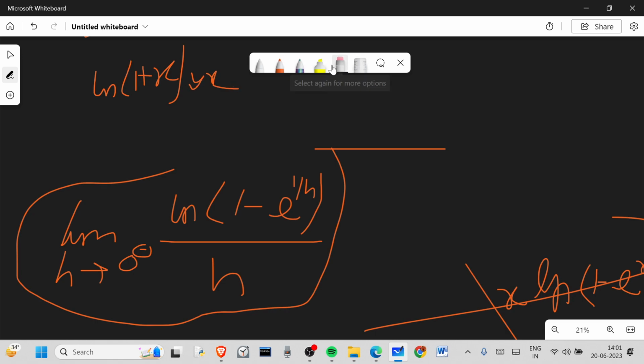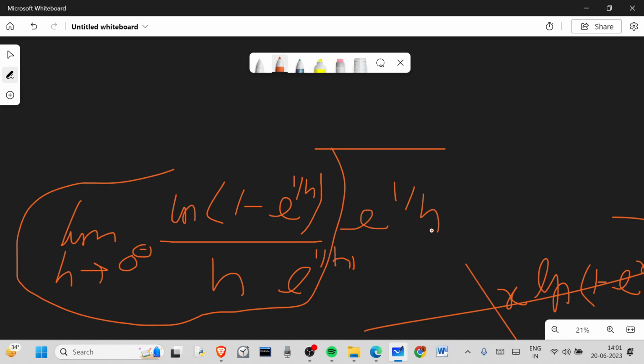That is precisely using series only, so it's more or less the same thing. Basically, e to the power 1 by h, as h tends to 0 minus, also tends to 0, so I am multiplying this term here and here, and this term tends to 1, and I can even prove it very easily.